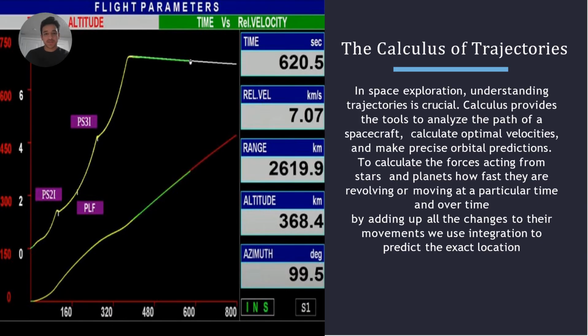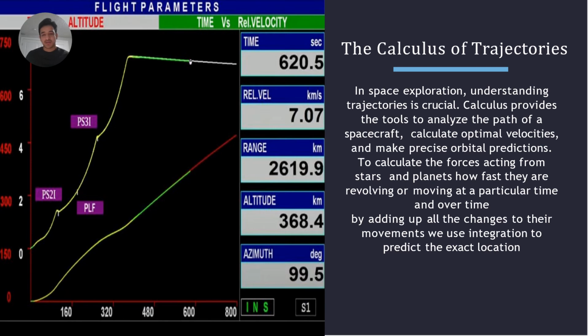Calculus can be used to calculate the trajectories of a star or planet or even our rocket. Here on the left side we can see the time, relative velocity and range of a real-time rocket launch.